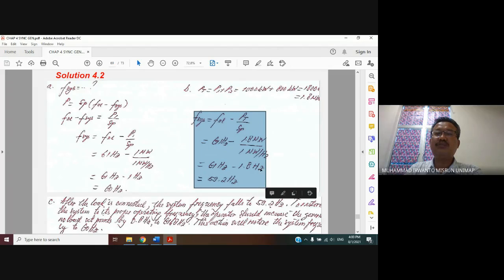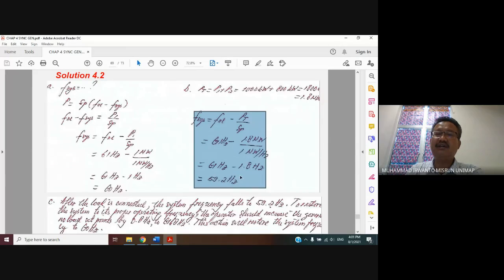It is loaded by the total load, 1.8 megawatt. So 61 hertz minus 1.8 is around 59.2 hertz.